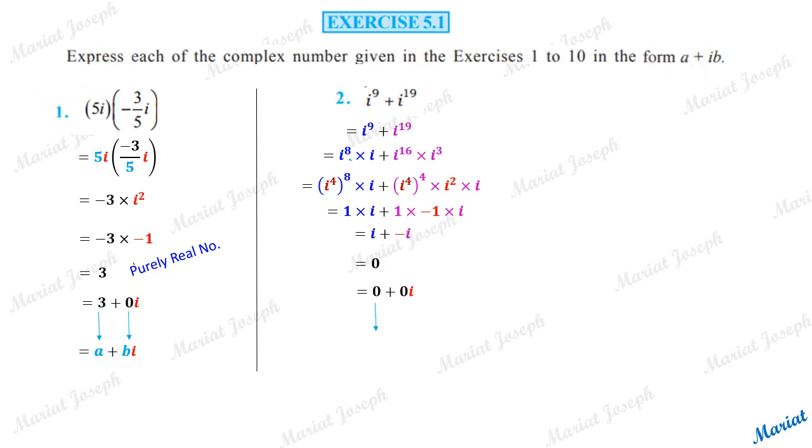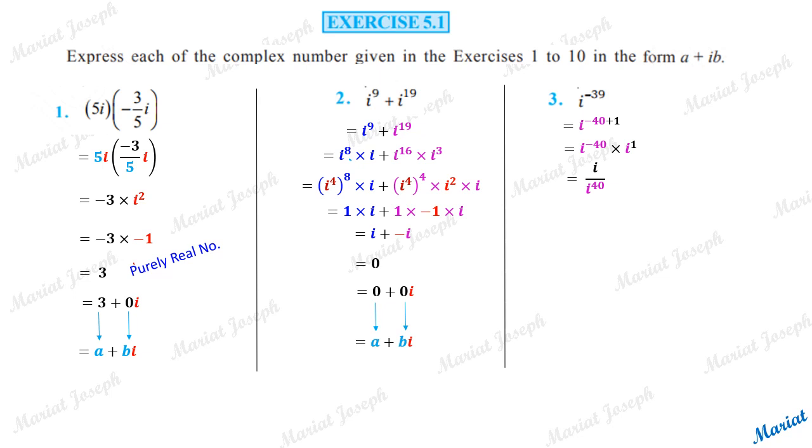Next question. i raised to power minus 39. Due to the power being negative, we can write it as 1 upon, but I prefer to write it as i raised to power minus 40 plus 1. It's going to be easier. Minus 40 is a multiple of 4.